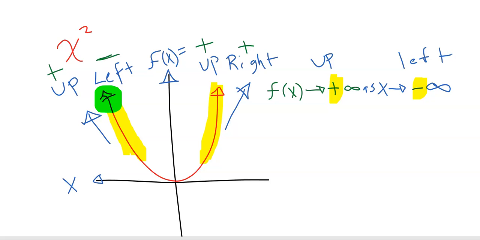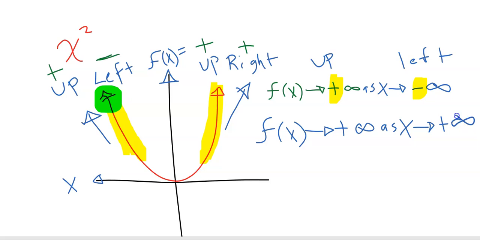Now the other side, if I'm looking at this right-hand side of the graph over here, it goes up to the right. So I would say, all right, well, on that right-hand side, the y values are also going up. So we'd say positive infinity, they're going up forever. And as they're doing that, x is going towards positive infinity. So I'm just looking at the signs.